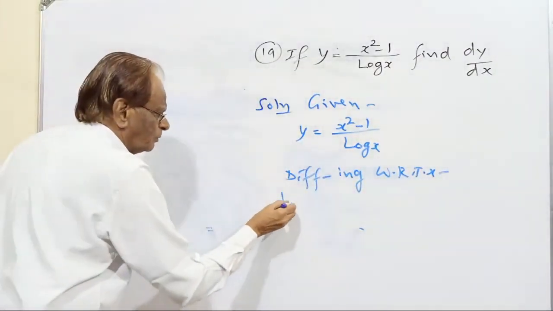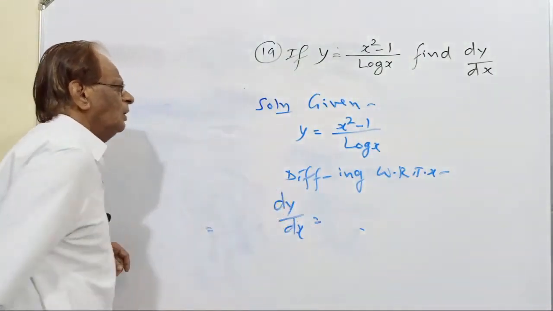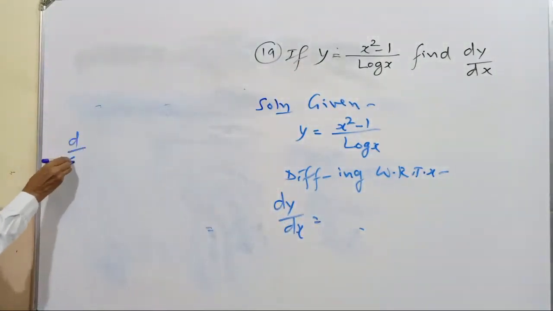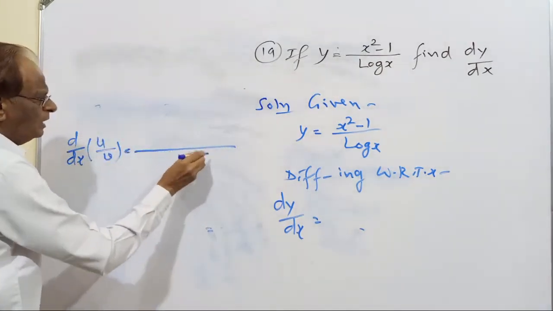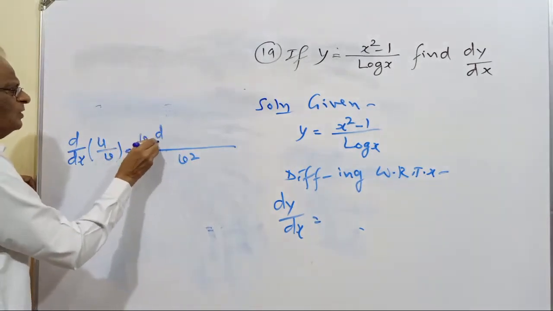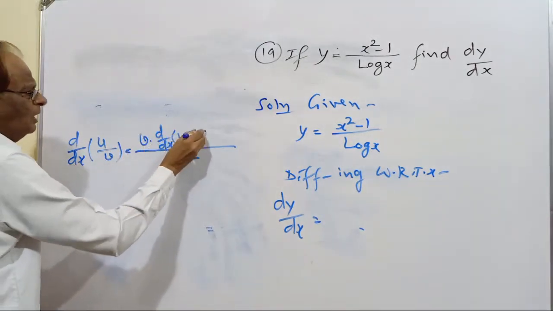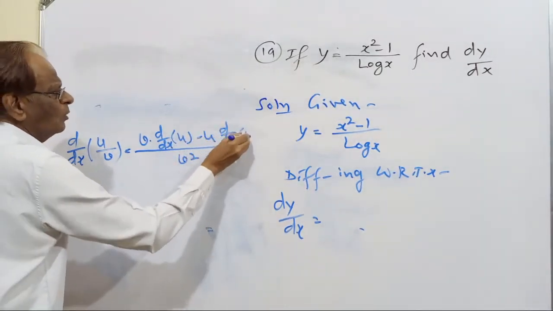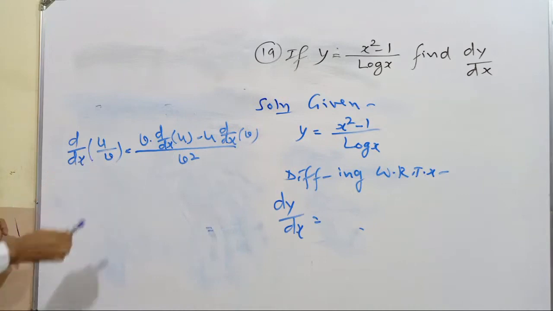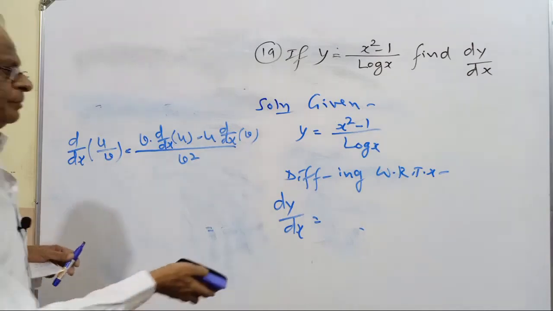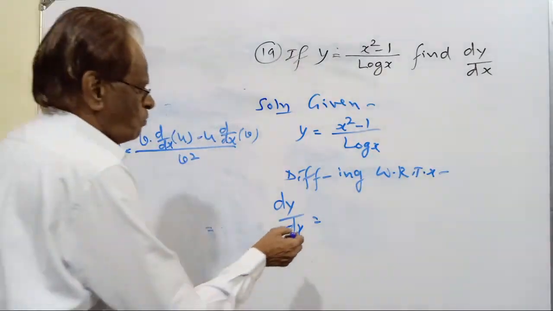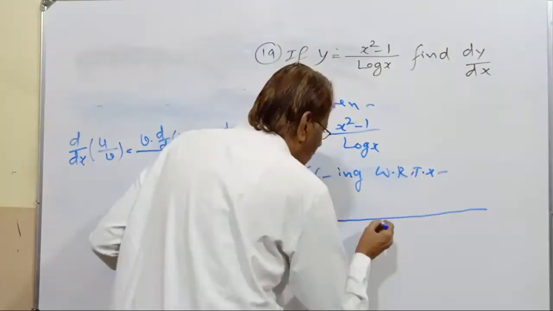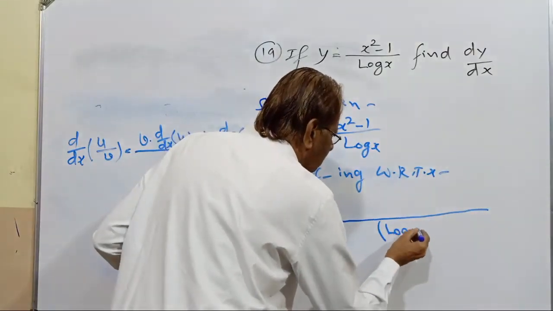dy by dx equal to, we are differentiating the quotient of two functions. While differentiating the quotient of two functions, the rule is: in the denominator, write denominator whole square.